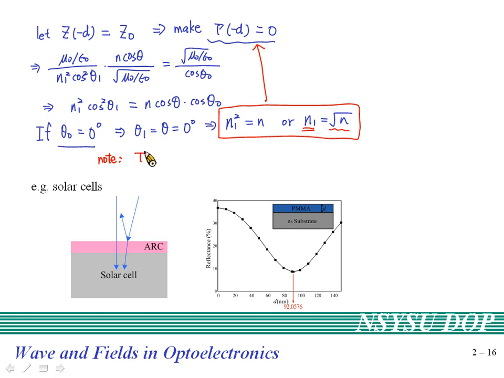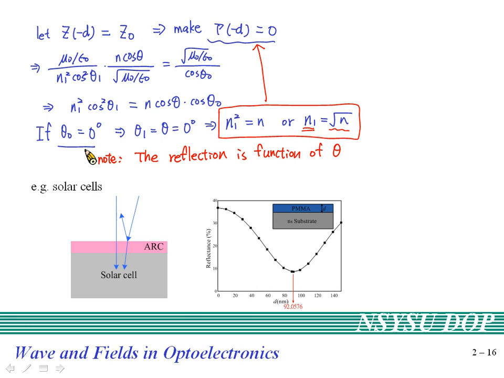This means that the reflection is a function of theta. So this condition is only designed for one theta value. To satisfy no reflection for other theta values, you have to derive other conditions.